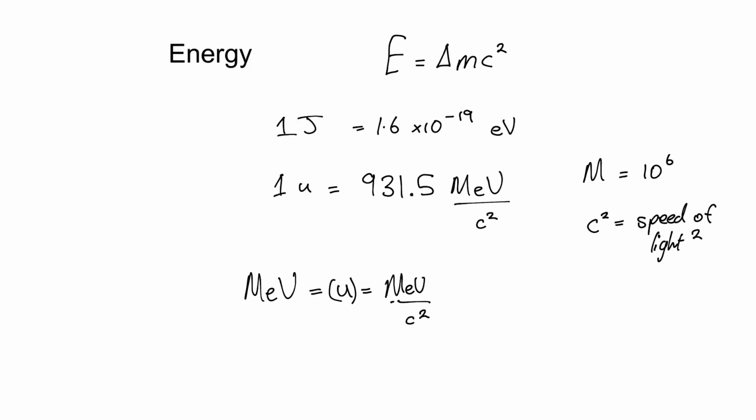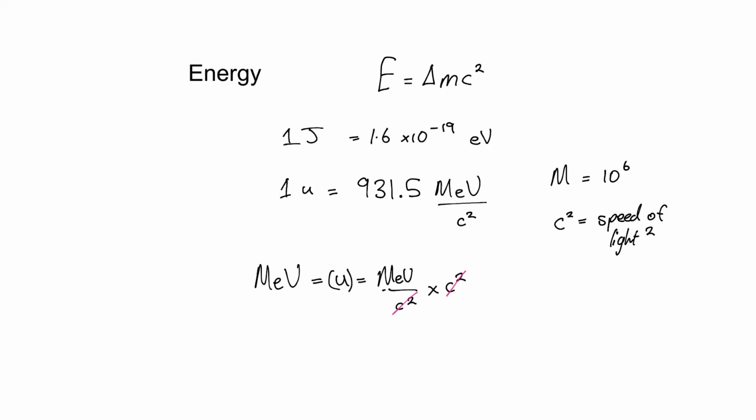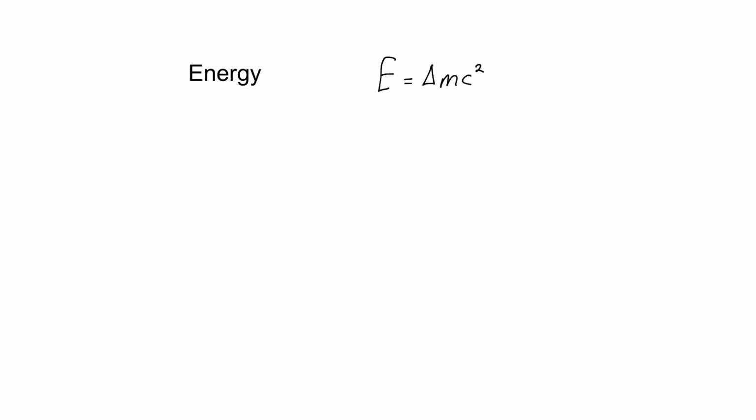And we're multiplying it by c squared. So what we'll end up with is cancelling our c squares, and we'll have mega electron volts is equal to mega electron volts.